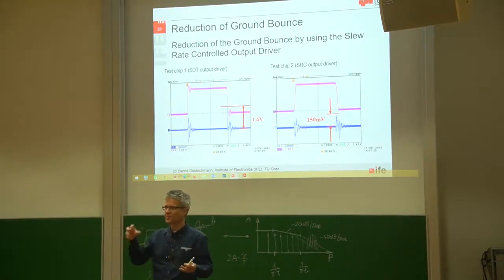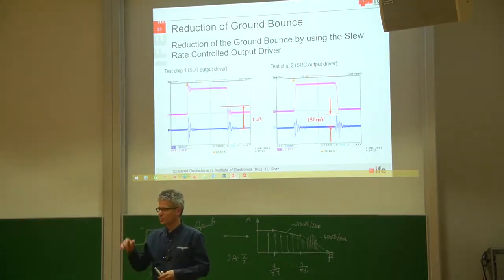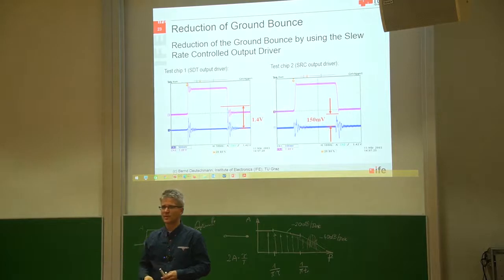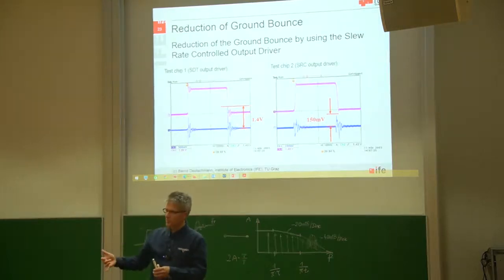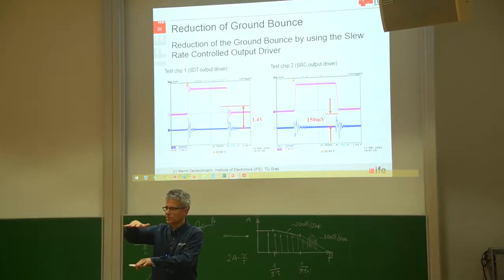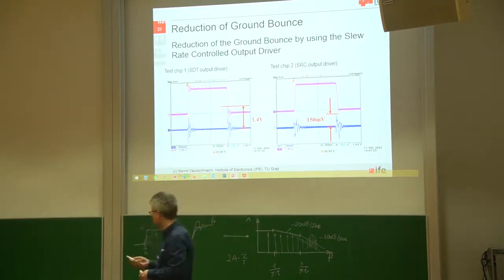I'm not super happy with the part of the loop inductance that is formed by the bond wire, and also there is a voltage drop due to the resistance of this structure from the bond wire lead frame down to this. And this resistance, together with the parasitic inductance, forms a voltage drop where the internal ground potential of the microchip, the ground potential of the substrate, is jumping up and down every time I'm switching something. And this is then related to ground bouncing.